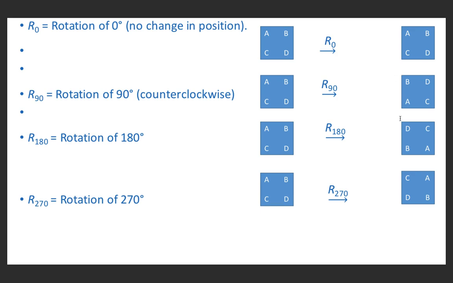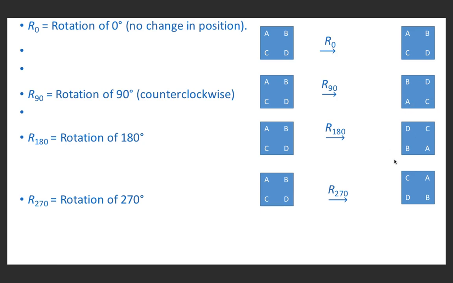If we again rotate it by 90 degrees, then this corner B will come here, this corner A will shift to here, this corner C will come here, and this corner D will get this position.